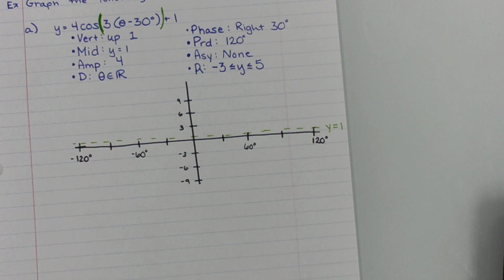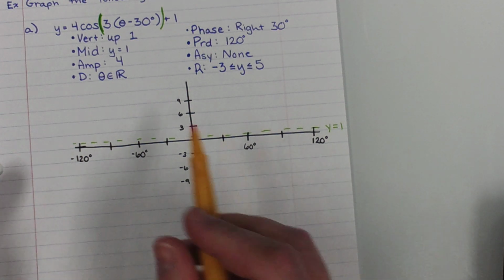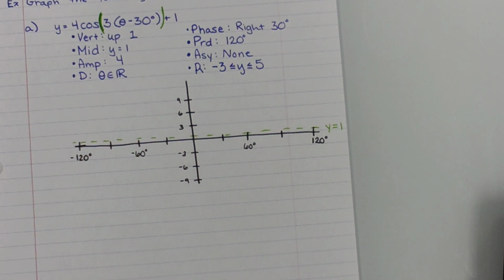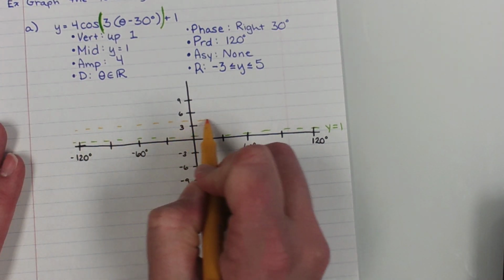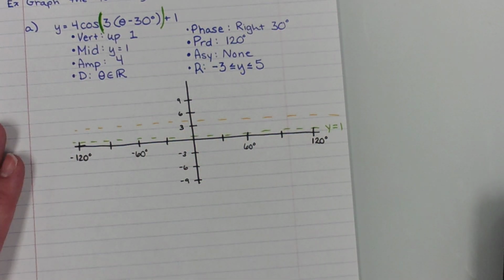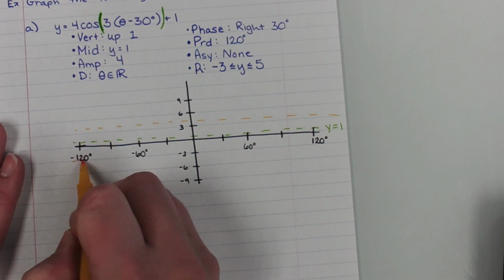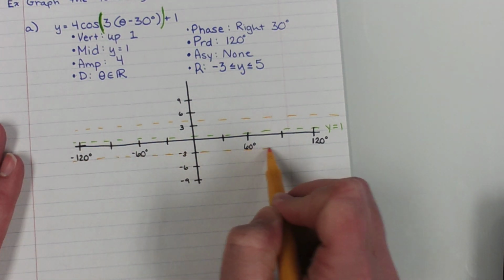Do I need my maximum and minimum lines? No. Will they help me? Probably. Where is my maximum line? 5. Amplitude above the midline. My minimum line? -3, amplitude below the midline.